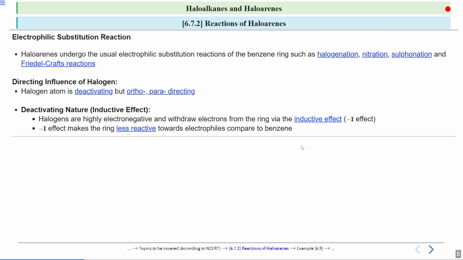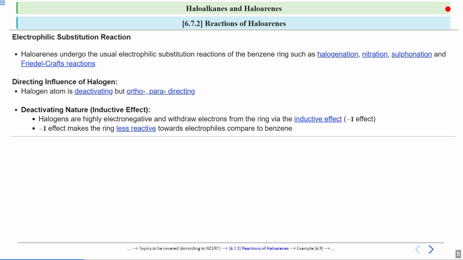Now, compare the halogen substituted benzene ring with the benzene ring where no halogen substituent is present. Between benzene and the halogen substituted benzene, that is haloarenes, the minus I effect makes haloarenes less reactive towards electrophiles compared to benzene.